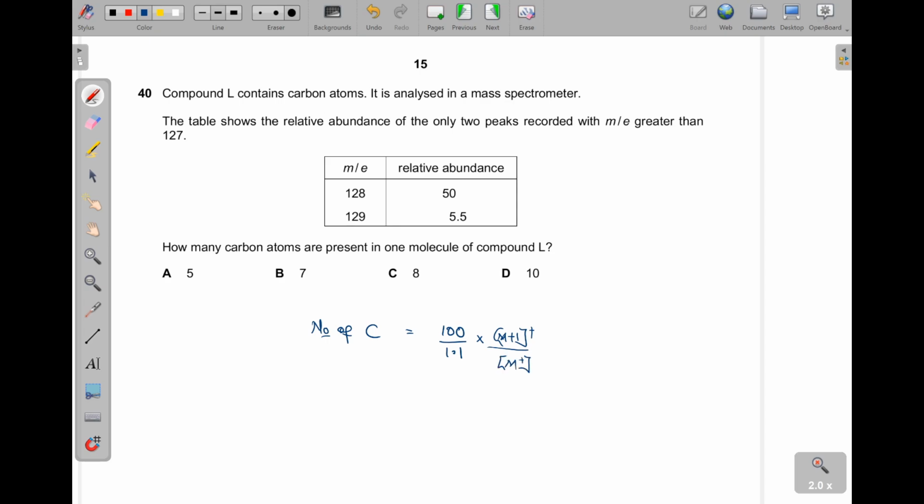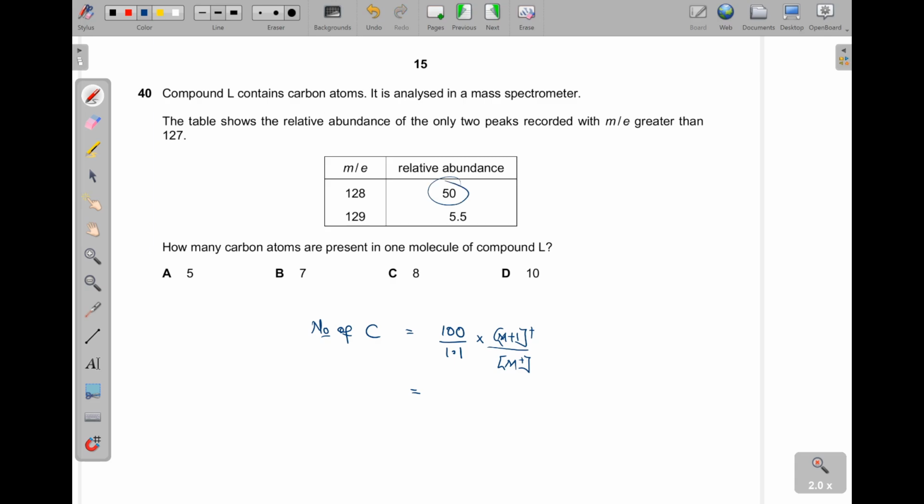Since we are using the M plus and the M plus 1, they differ by 1 and their relative abundances are given. Now, if you take your M plus to be the 128, which one is its relative abundance? You don't know it, and it is not 50 because this one is given as 50.